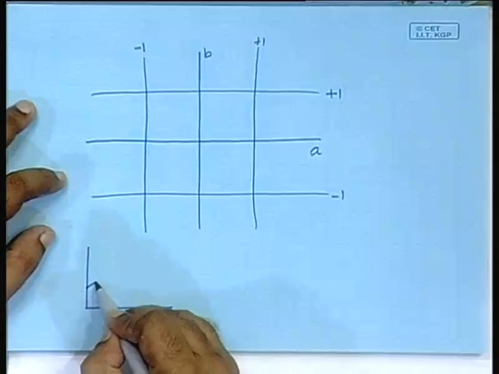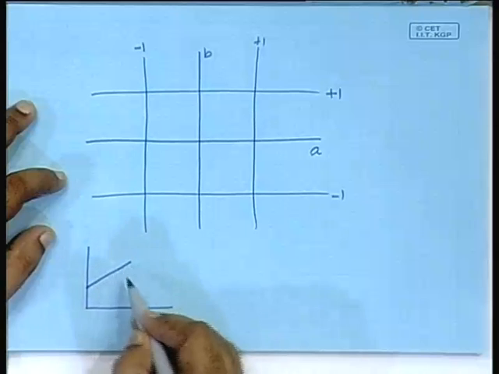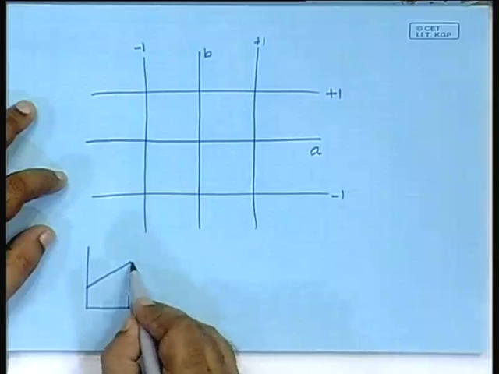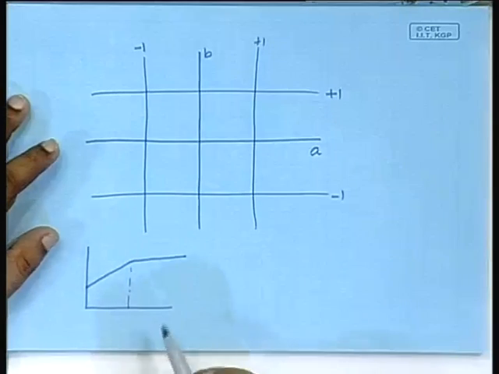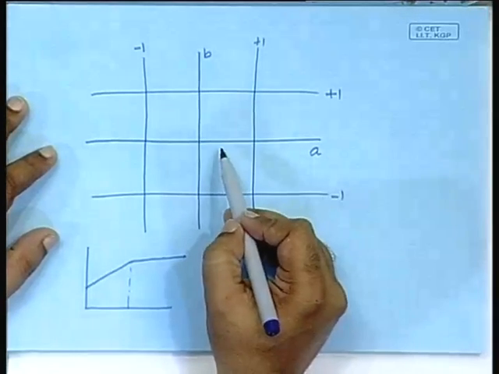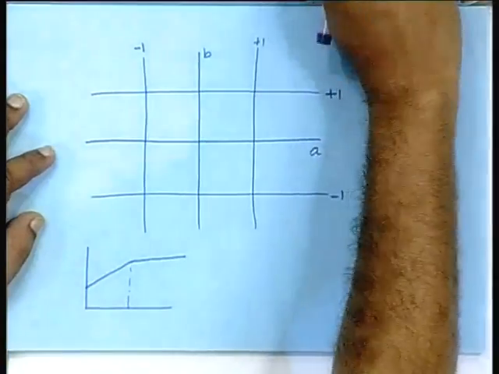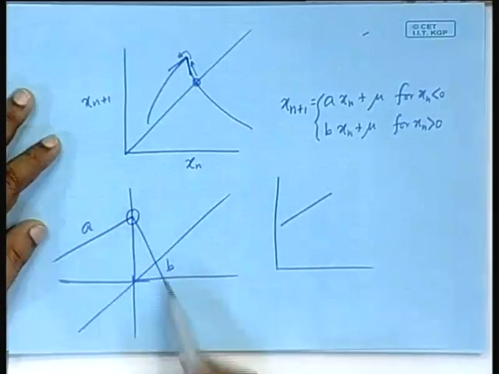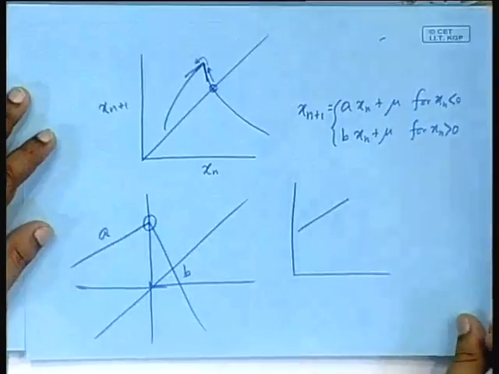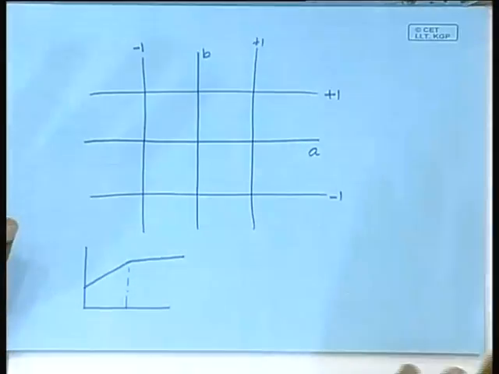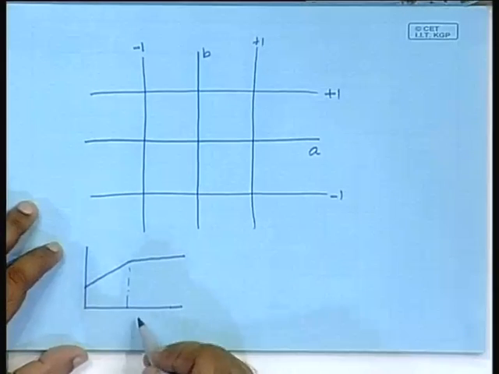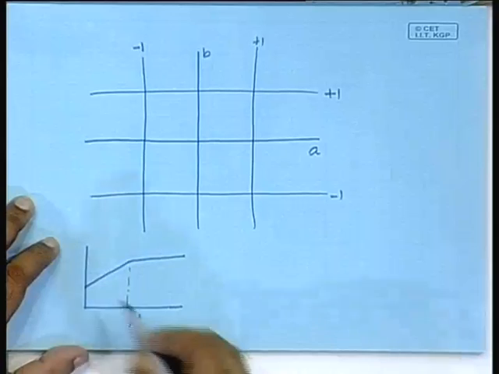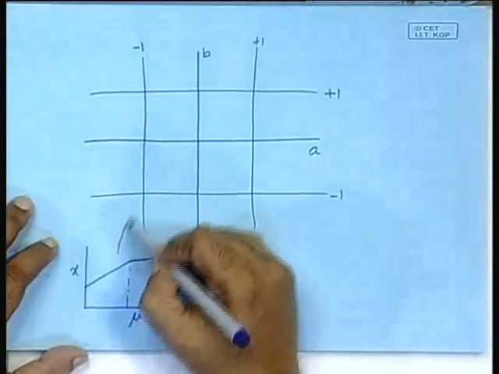It would be a stable fixed point approaching and then at this point hitting the border and then again going off as a stable fixed point, because in both sides, the left hand side as well as the right hand side, the slope is less than 1 and therefore, the fixed point will be stable. So, these are reasonably easy situations to handle. So, this is your mu and this is your x. So, this would be the behavior in this part.